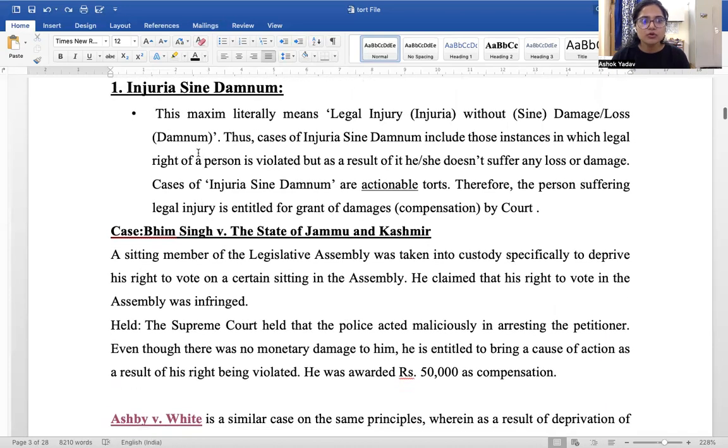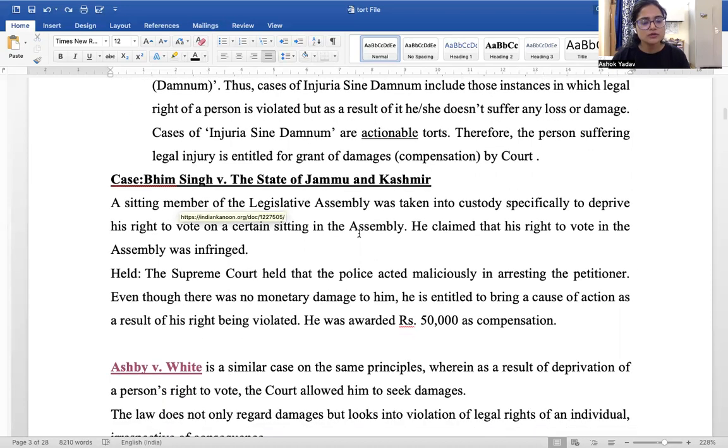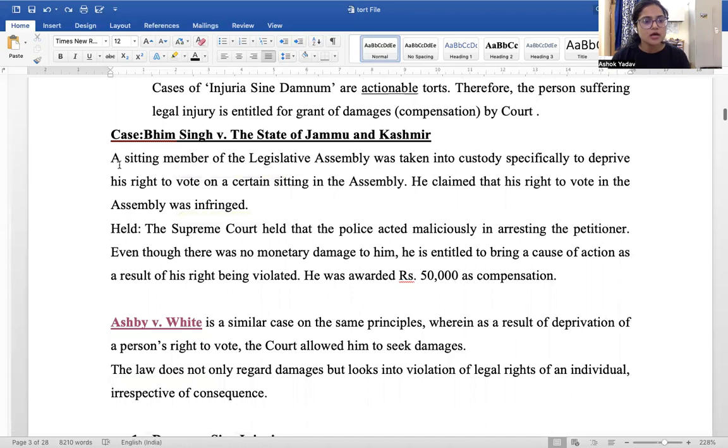Now let's read important cases with respect to this maxim, that is Bhim Singh versus the State of Jammu and Kashmir. What happened in this case was that a sitting member of the Legislative Assembly was taken into custody specifically to deprive him of his right to vote. On a certain sitting in the assembly, he claimed that his right to vote in the assembly was infringed.